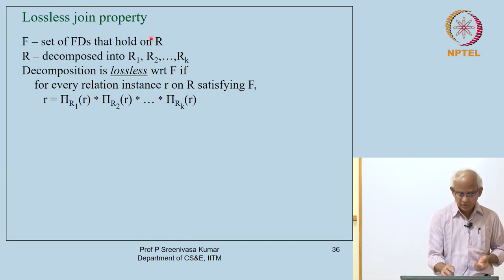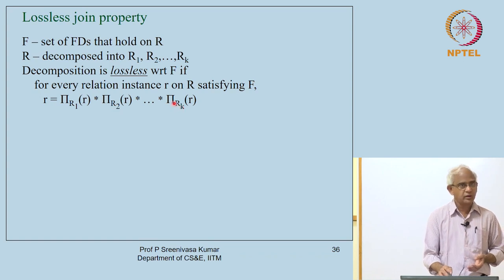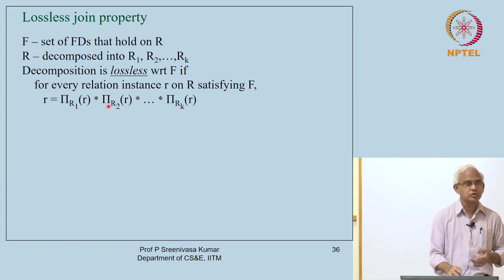You take any instance on capital R, and then you get back these instances by projecting them onto R1, R2, R3, Rk, and if you join them back you should get R, because originally this information came from R. If this is the case, then we will call it lossless.